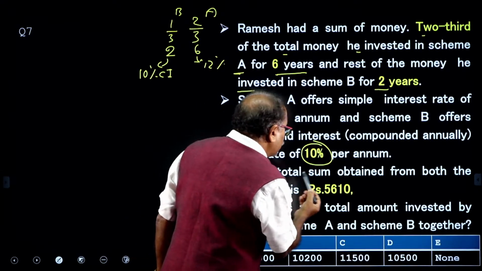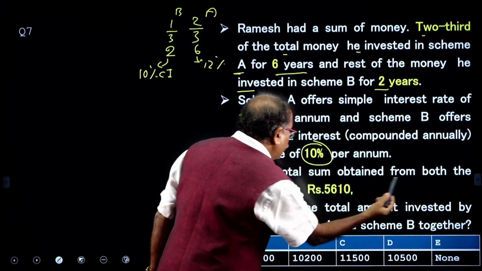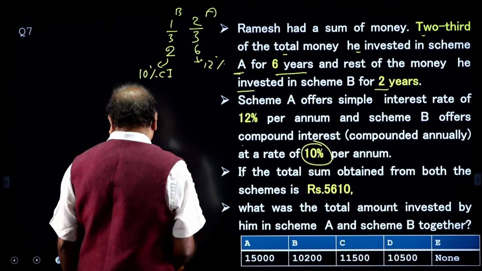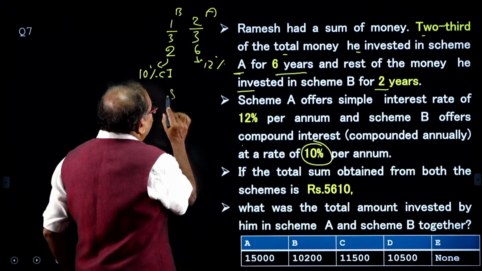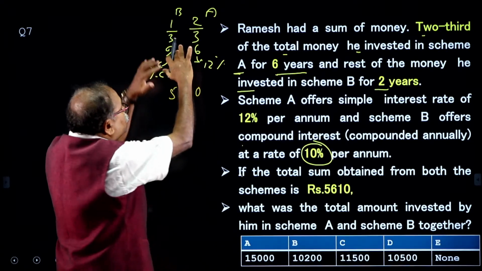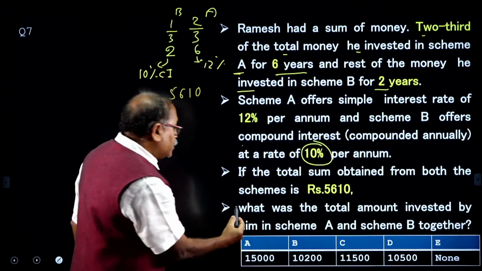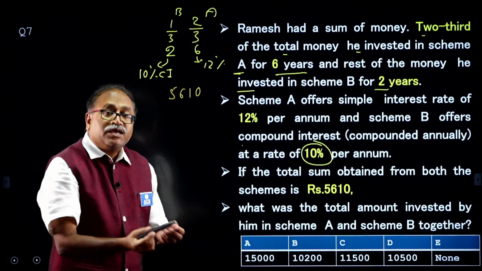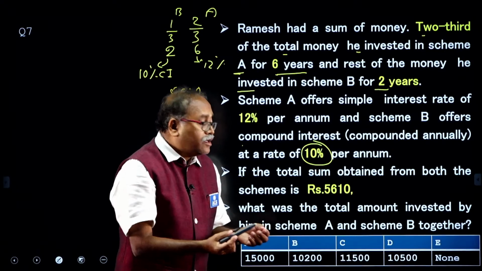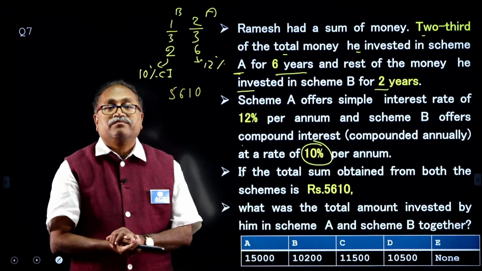Now, the total interest they are getting from both the schemes is 5610. Now, the question is, what was the total amount invested by him in scheme A and B together?